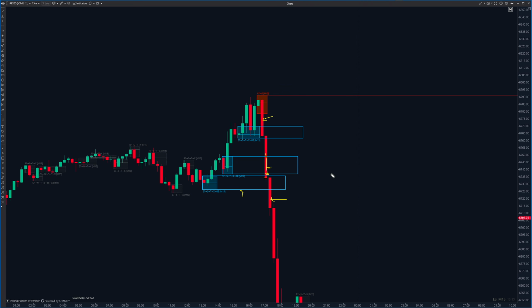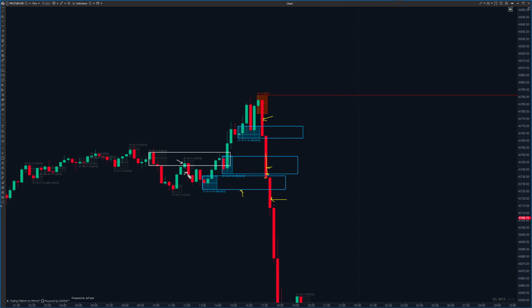I'm looking for a nicer example. Maybe here. This is a good example. Let's check this order block. It could have been a nice order block. However, this candle was positive.